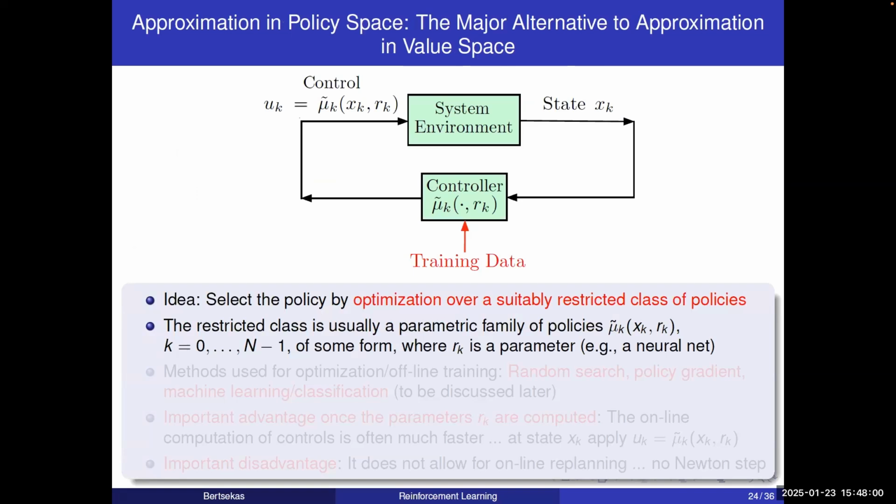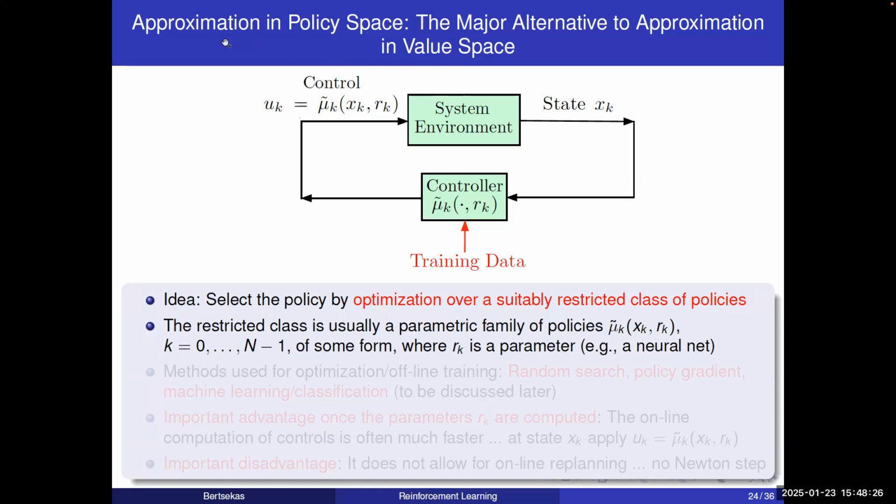However, that's not the end of the story. Once we get J tilde for all stages, what we really need in real-time operation is to have control. So we still need to carry out this calculation like a one-step lookahead, or a multi-step lookahead, which would involve minimization and expectation calculation, which can be a lot of calculation.